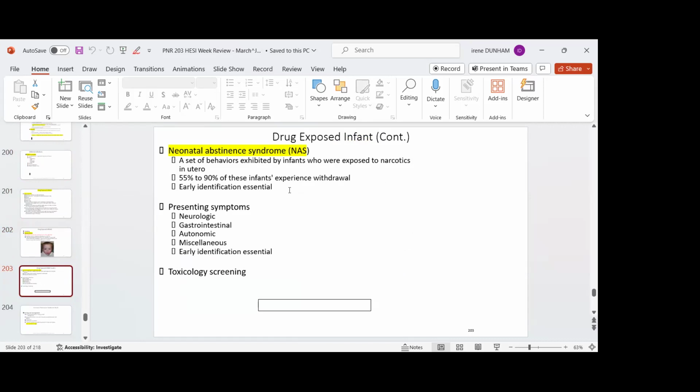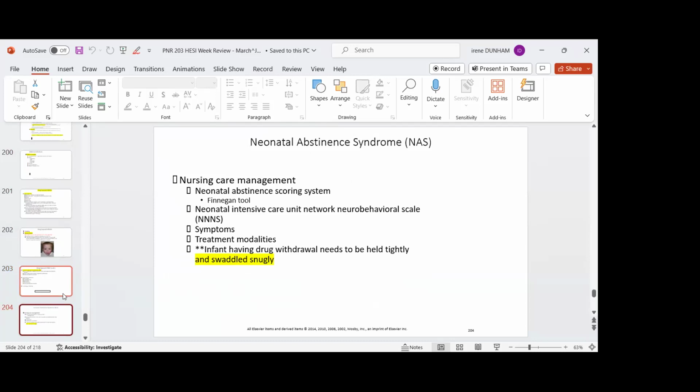A lot of times these poor infants, when they're born, will experience withdrawal. And so they may have problems with the neurological system, GI, the autonomic nervous system, and they may have to be screened for toxicology. These babies are uncontrollable.